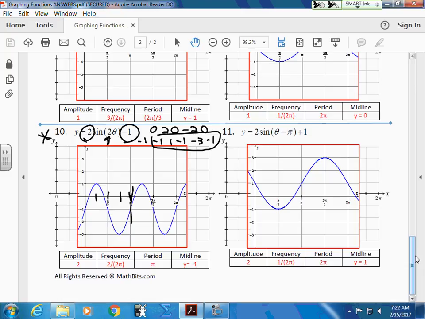Can everybody do that? If you put it in your calculator, that works in your calculator very nicely. The only thing you have to worry about is changing your table set. Take your frequency, find your period, do it in degrees. Since you're going to graph in degrees, 360 divided by 2 is 180. You need 4 quadrants.